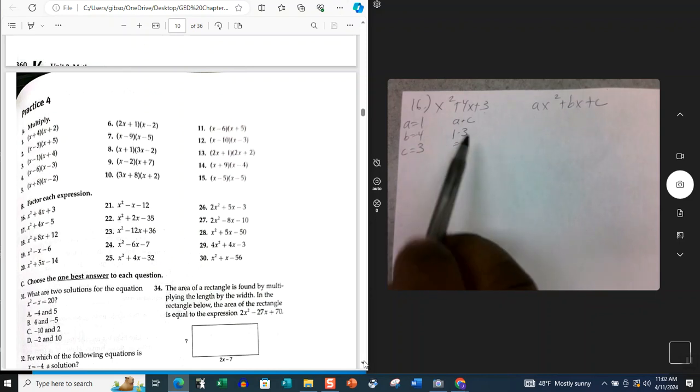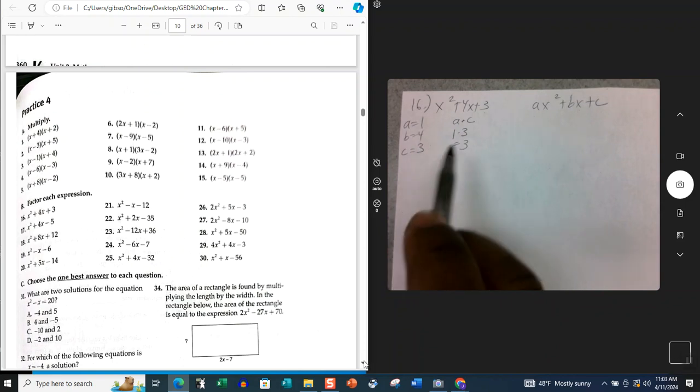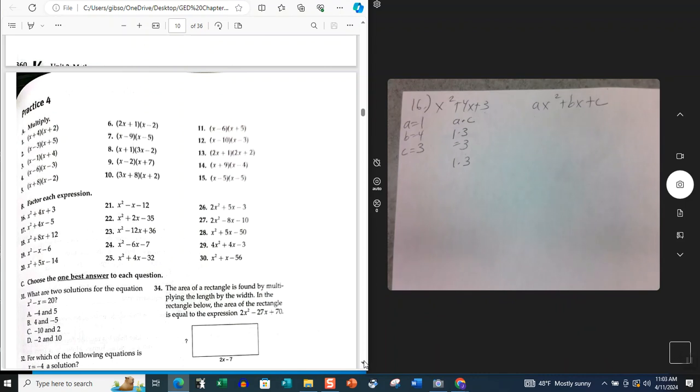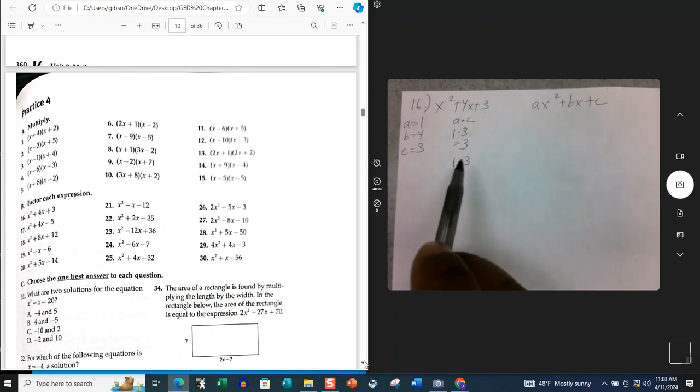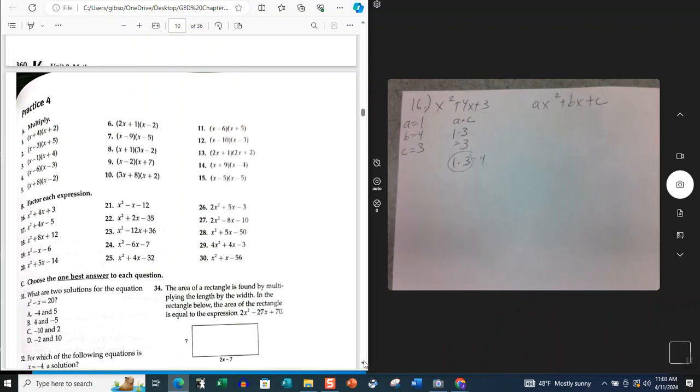So again, we're trying to find two factors that multiply together to give us 3, but those same two factors added will give us 4. So what we need to do is list out the factors of 3. The only factors of 3 are 1 and 3. Now if you look at it, 1 times 3 is 3. And if we add these two factors, 1 plus 3 is also 4. So that means the two factors we're using are 1 and 3.